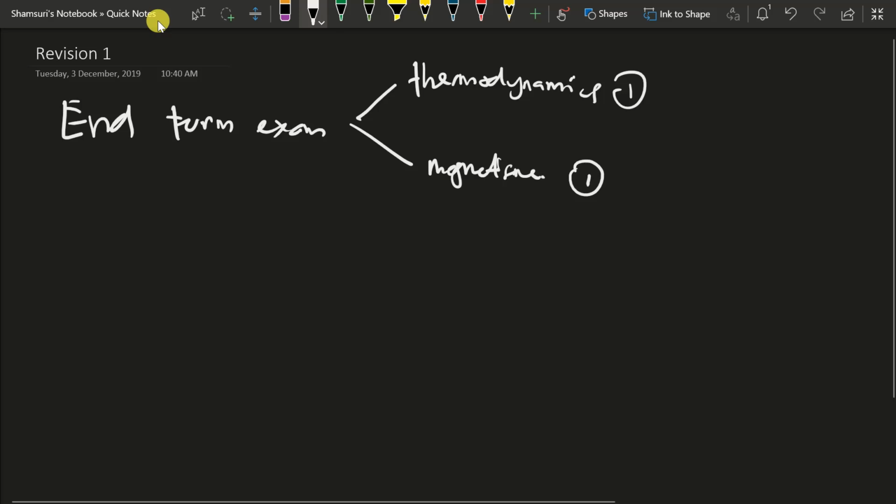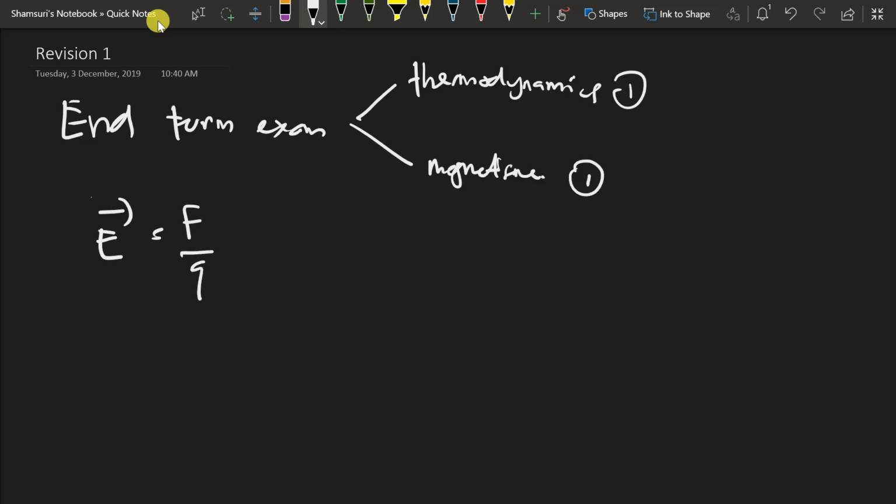Okay. So we start from previously. Actually, we know that magnetism also begins with the electrical field, where the electrical field comes from the force of the charge. But the magnetic field itself, B, comes from the force and the charge and also the radius.